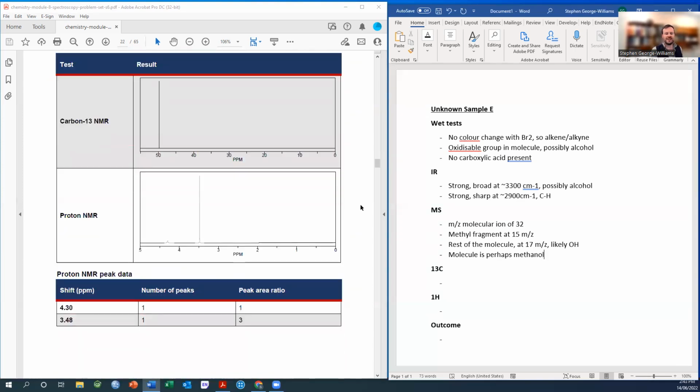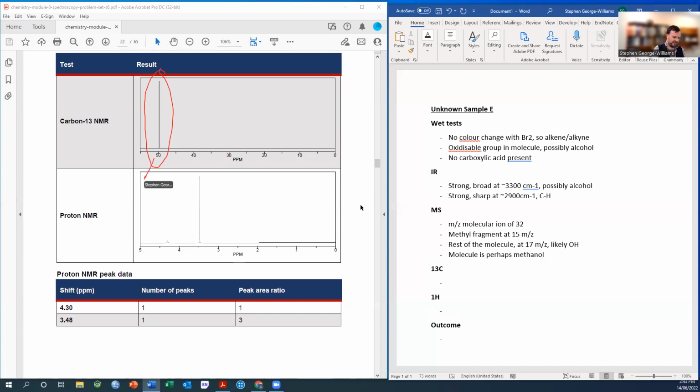Going into my 13 carbon spectrum here, I can see that I have one signal at about 50 ppm. Firstly, if I only have one signal, it means that I only have one carbon environment. It's possible with symmetry I might have more carbons, but I can just say that I've got one environment overall.